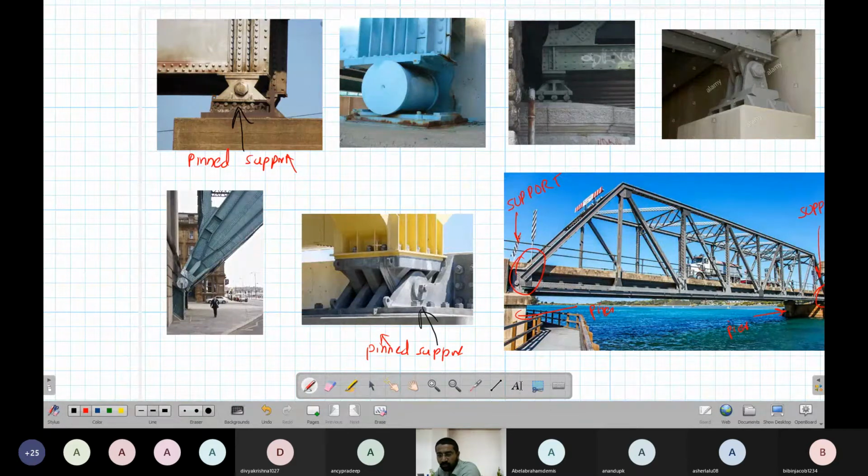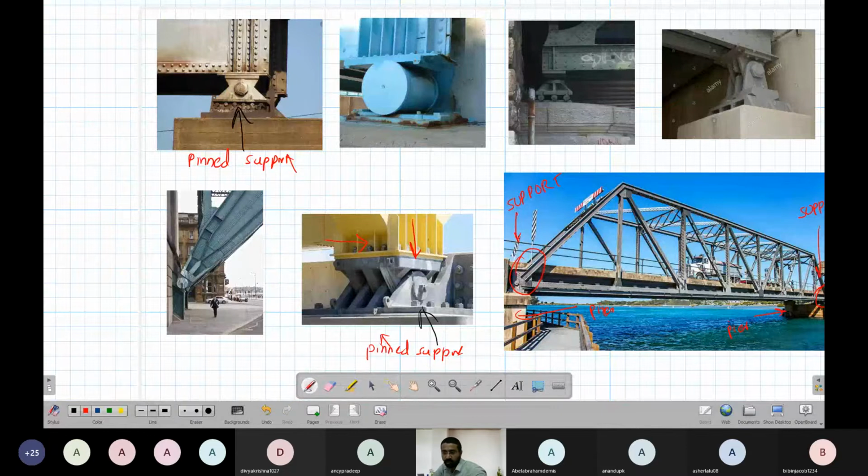If you observe this support connection, you may be able to visualize it. It can rotate freely. If I apply a force in this direction, or in this direction, it will react.